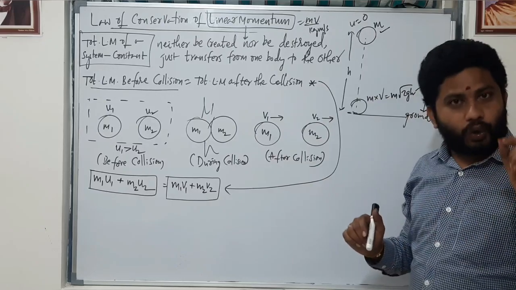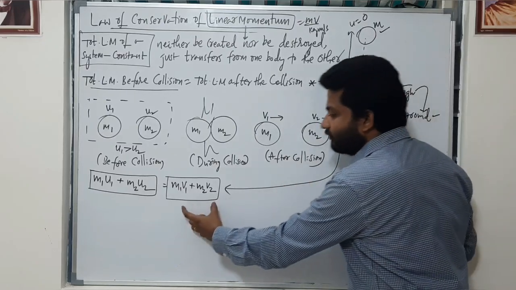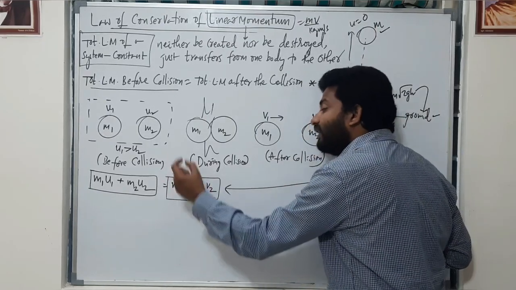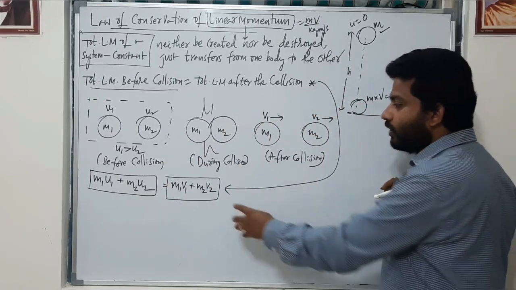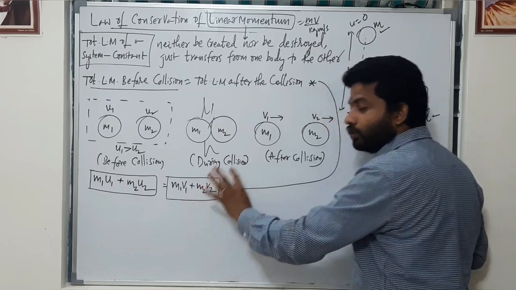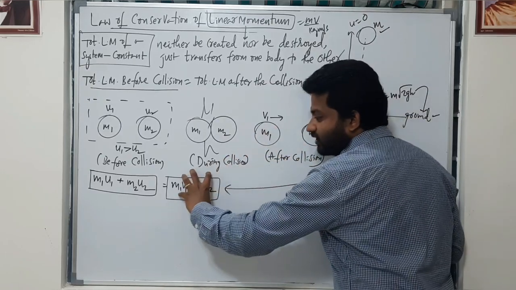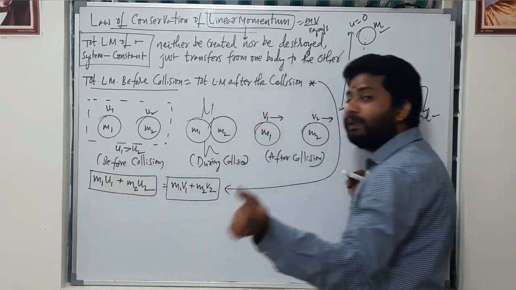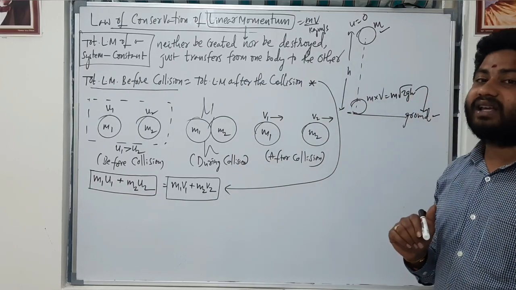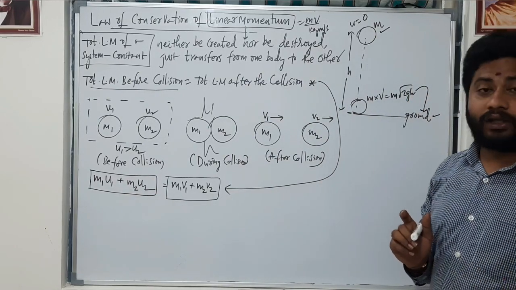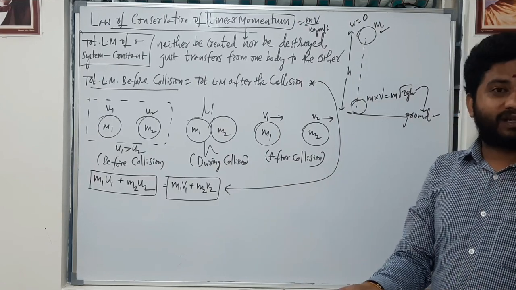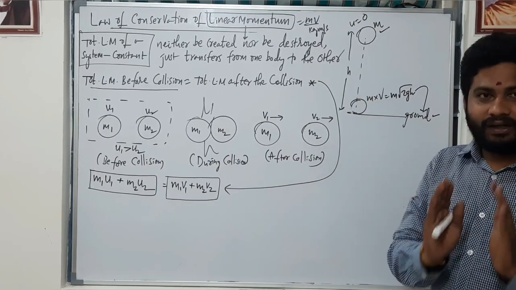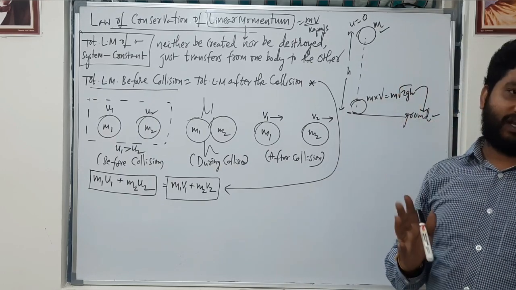After the collision also, it will be 100 kg meter per second. Irrespective of the v1, v2 values, the total sum will be the same, 100 kg meter per second. Don't ask me whether it is always 100 kg meter per second. No, it is just an example I have taken.